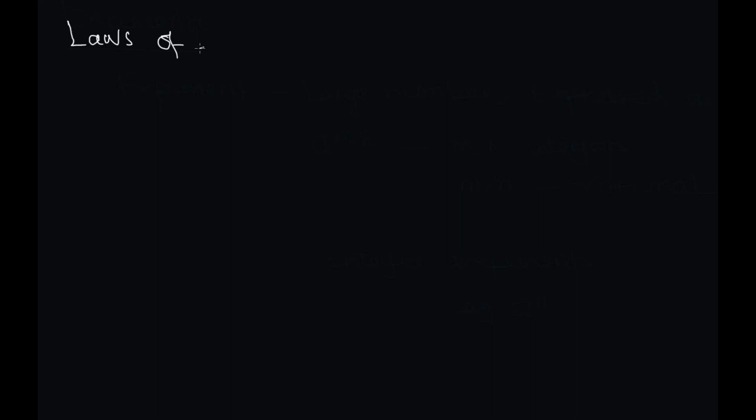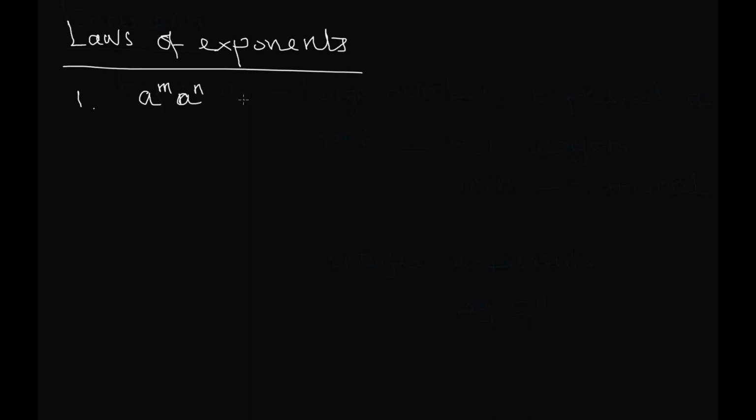So these are patterns that we have to remember. Some of the laws: we looked at two laws already, a power 0 and a power minus 1. Now we look at a power m times a power n, which gives a power m plus n. Those are identical numbers. Then a power m over a power n gives us a power m minus n.